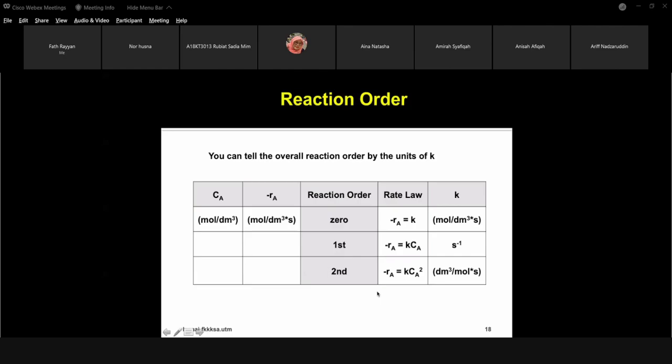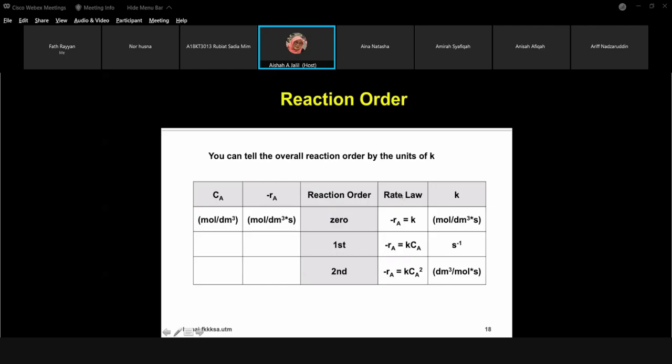Sometimes the question in the test or in the exam does not mention the reaction order. But the reaction order is very important for you to write the rate law.